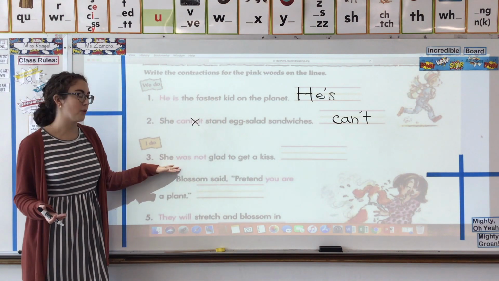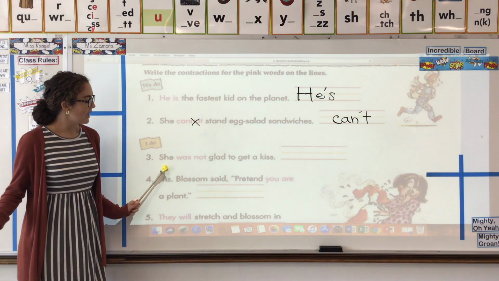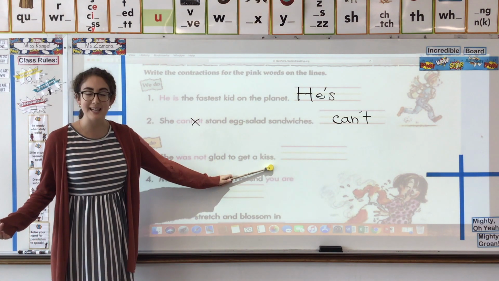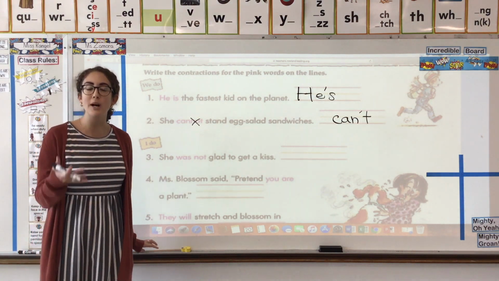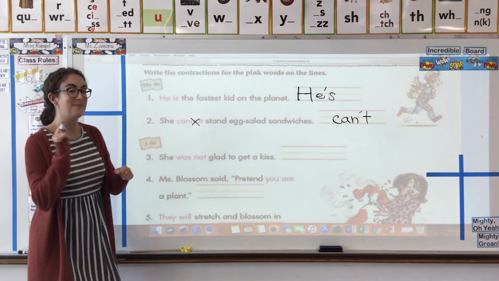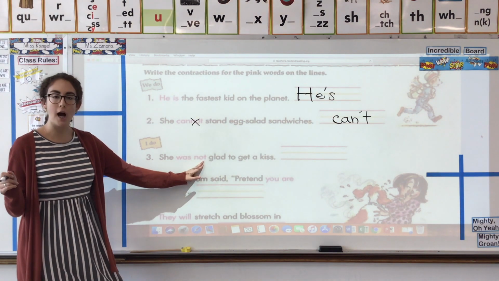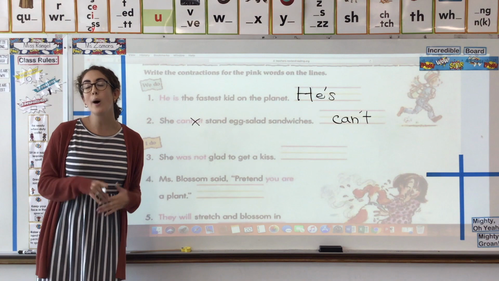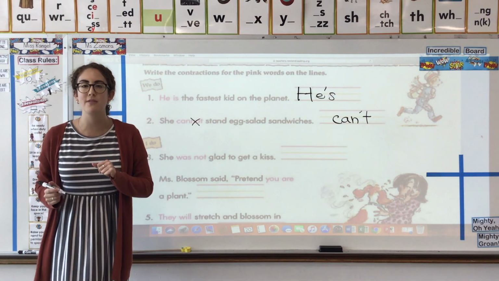Okay, what about number three? I'm going to read it for us. She was not glad to get a kiss. So what two words are in pink and what two words are we going to turn into a contraction? Was not. So in was not, what letter is going to be replaced with an apostrophe?